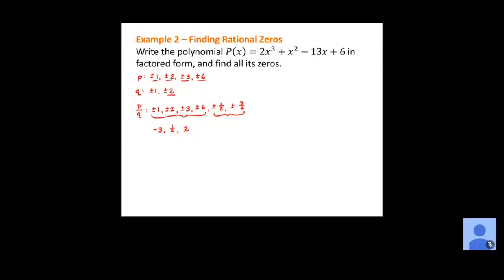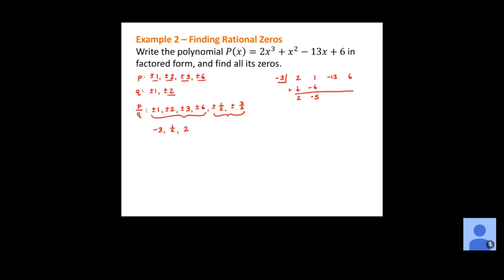All right, so we'll start with the -3. Again, we're going to use our coefficients from the original polynomial. So that's 2, 1, -13, and 6. No missing terms this time. First step, bring down the 2. And we multiply. So 2 times -3 is going to give us what? Good, -6. 1 plus -6 is going to be what? -5.